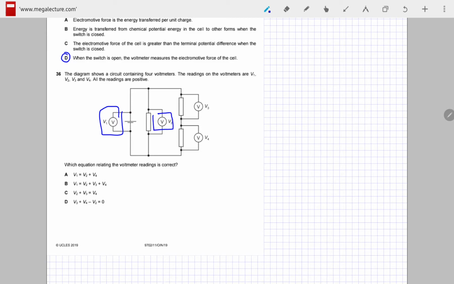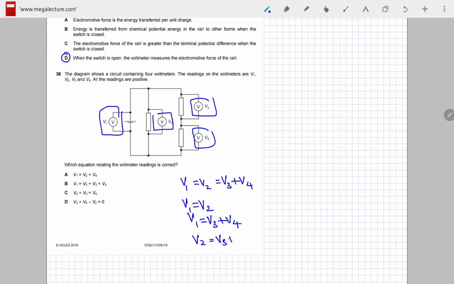So these parallel voltages would be equal, and this would be equal to the sum of these two, right? So we would have V1 is equal to V2 is equal to V3 plus V4, right? And so this gives me three different expressions: V1 equals V2, V1 equals V3 plus V4, and V2 is also equal to V3 plus V4.